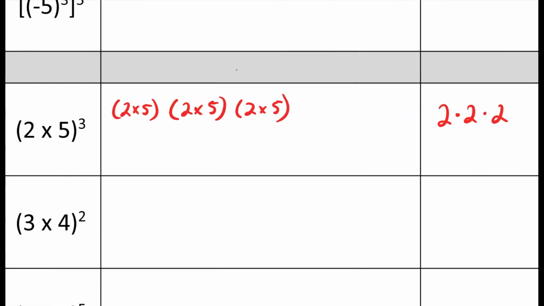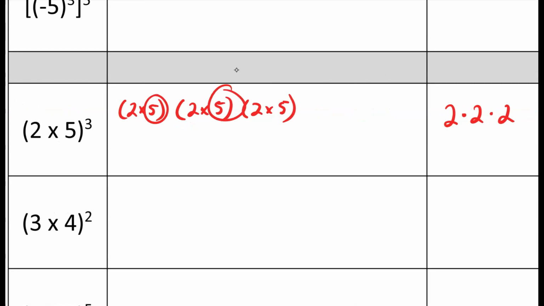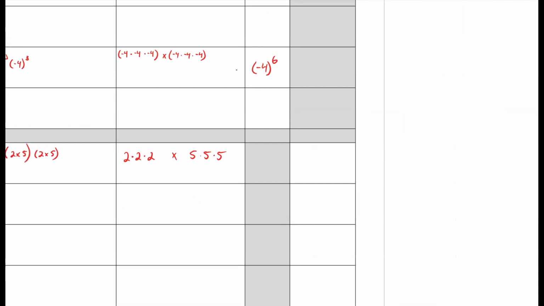And we have 5 times 5 times 5 because we have 3 5's involved. Now, instead of writing it as a power, we have it as a product of a power.